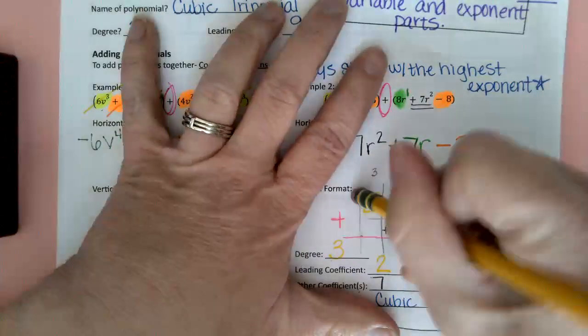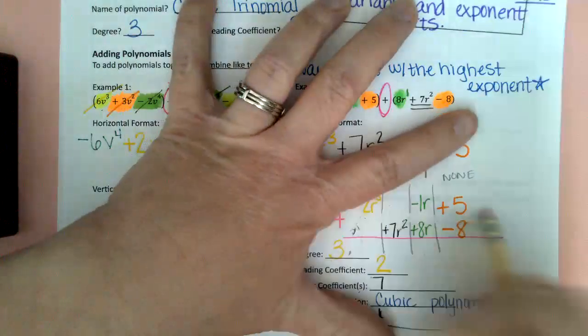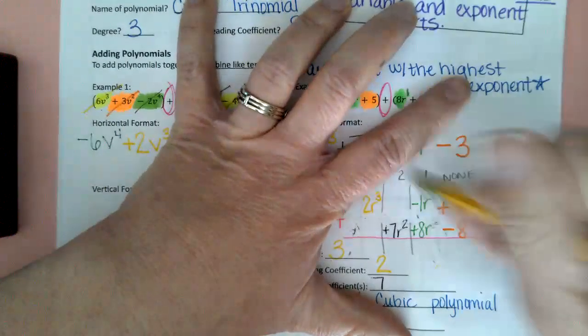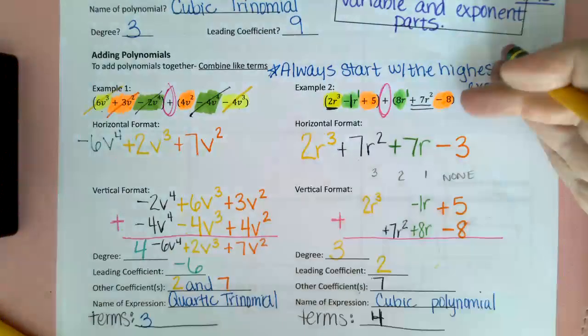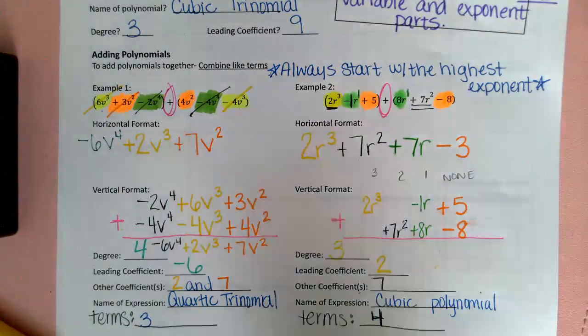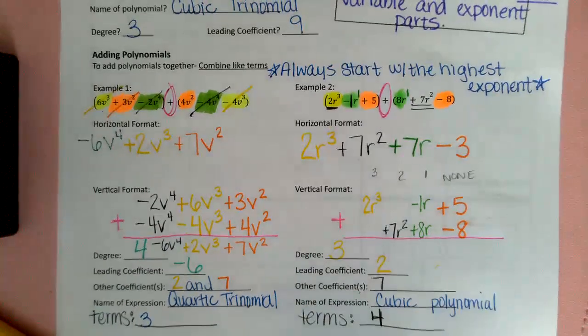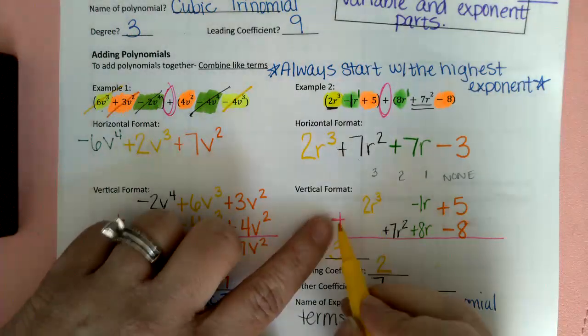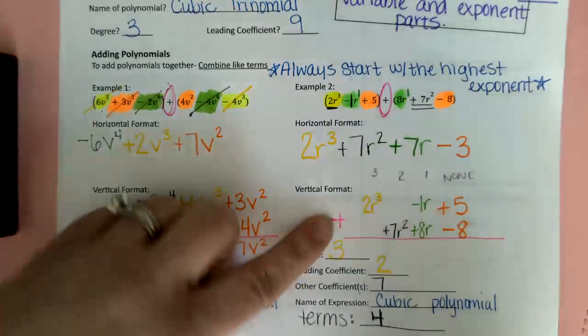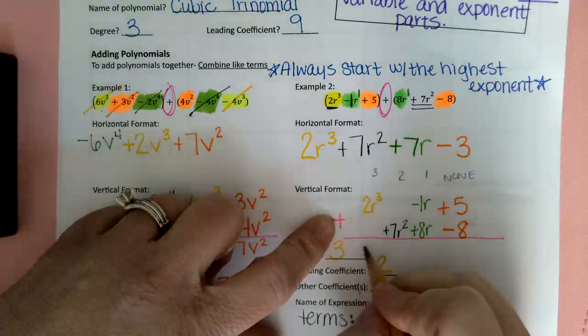Now, if I erase my lines here so you can kind of see what it would look like without the lines. Kind of like the lines because it keeps things organized, but this is what it would look like without the lines. So if I add 2r cubed plus nothing, that gives me 2r cubed.